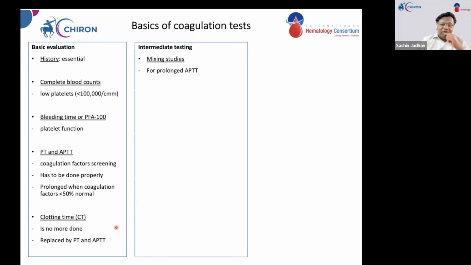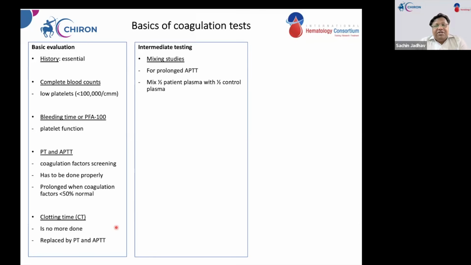In a mixing study, what we do is we take half patient plasma and half volume of control plasma. Control plasma is created by taking blood from 20 healthy normal people. Okay. So what we do is we take blood samples, about 10-20 ml of blood from about 20 people working in the lab, technicians and sometimes the nurses.